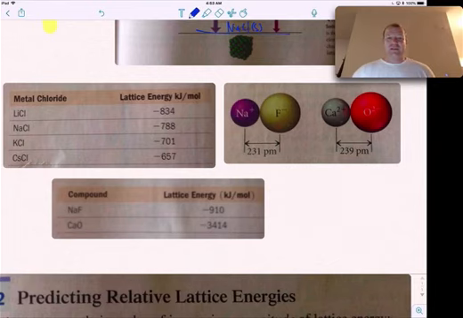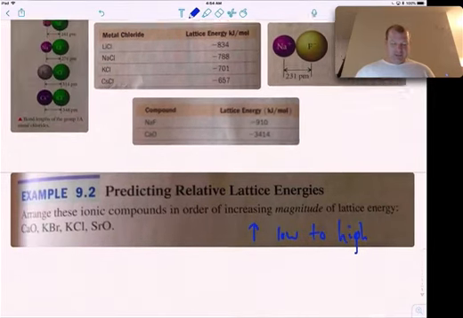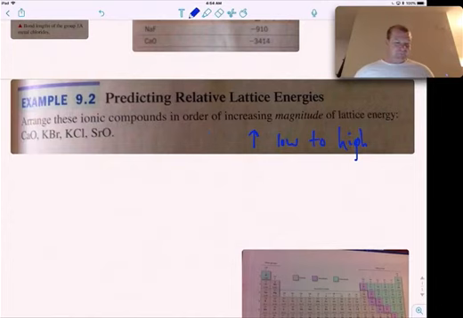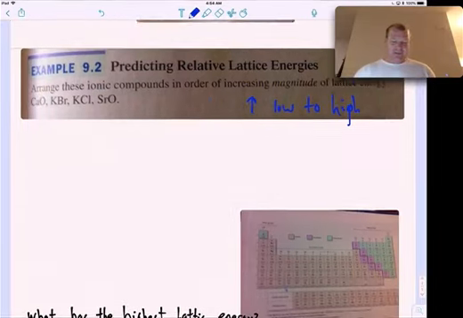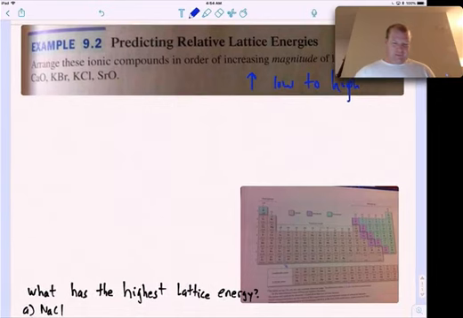So more or less, calcium oxide is about 4 times as strong as sodium fluoride. Is that surprising? No, because of Coulomb's law. That's just the multiplication of the charge. You double the charge, you increase it by a factor of 4. So not that surprising.